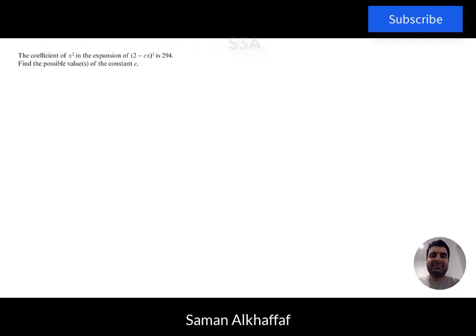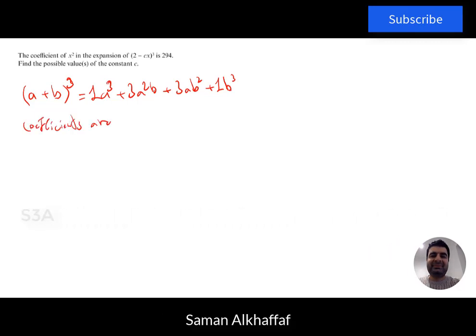Since we have the cube, we can use Pascal's rule, which is (a + b) cubed giving 1a cubed plus 3a squared b plus 3ab squared plus 1b cubed. The coefficients are 1, 3, 3, 1.